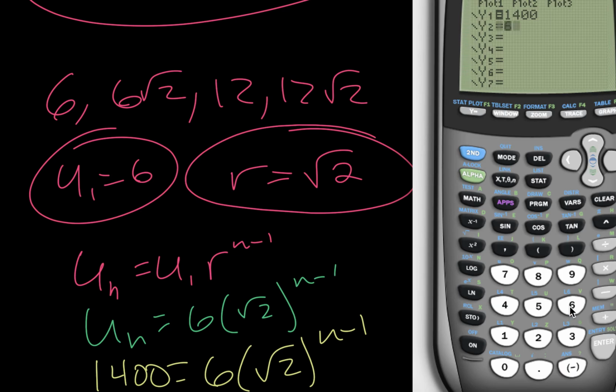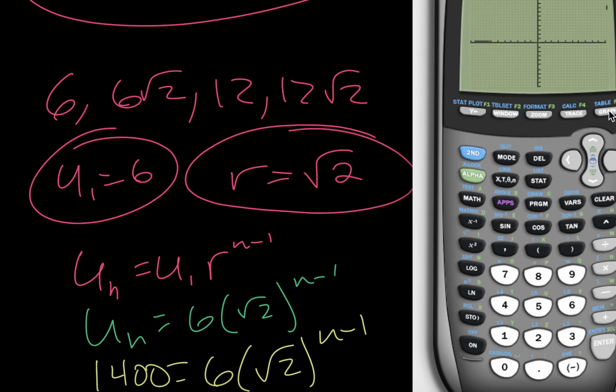And we have 6 parenthesis, second root 2, and raise that to the x minus 1. So make sure you put your exponent in parentheses, because your calculator will interpret it differently if you don't.